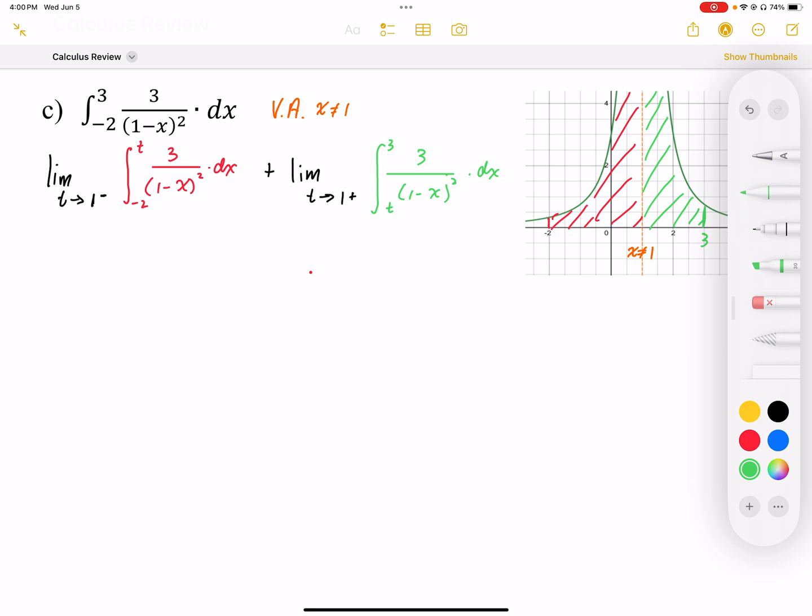Okay, so at this point, I'm going to anti-differentiate these expressions, keeping my limit notation. So I'm going to have 3, that's (1 - x) to the power -2. So we end up going from power -2 to power -1.